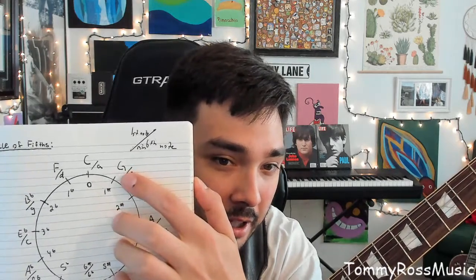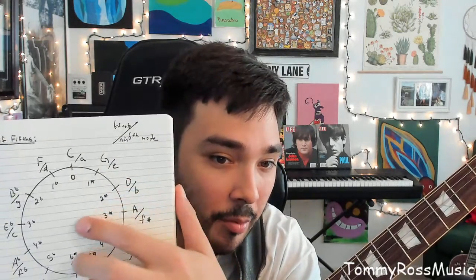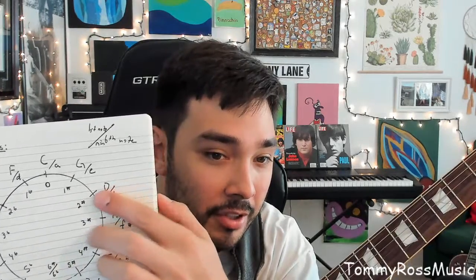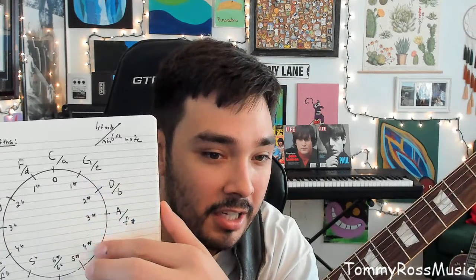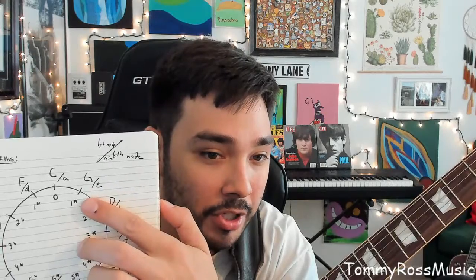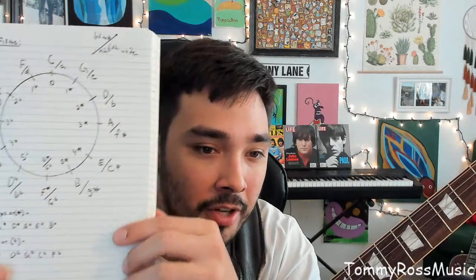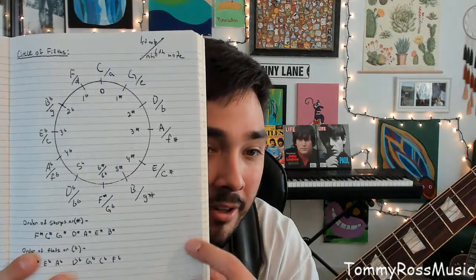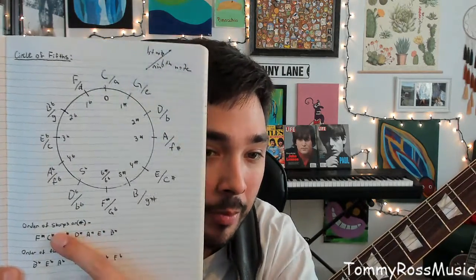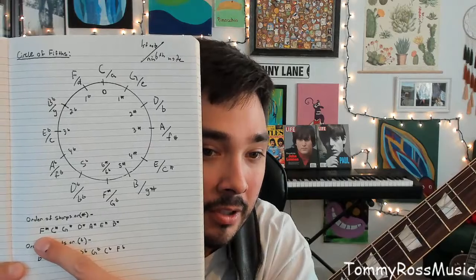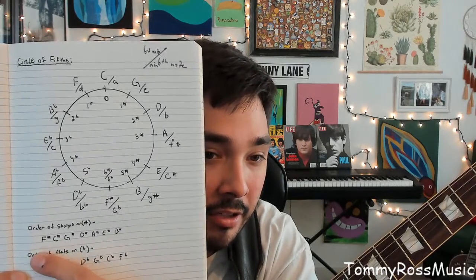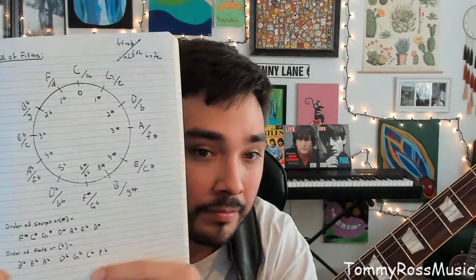There's the key of G. These numbers down here represent the number of sharps in the key. It has one sharp, so if you go down to the order of sharps and flats, you go to that first sharp, and you know that in the key of G, your sharp is going to be F sharp.